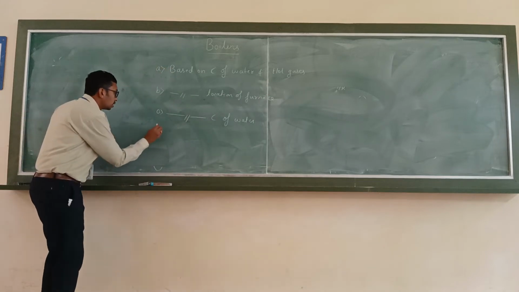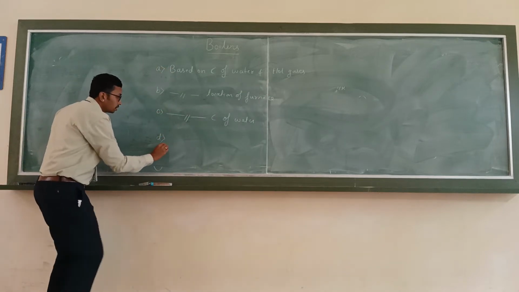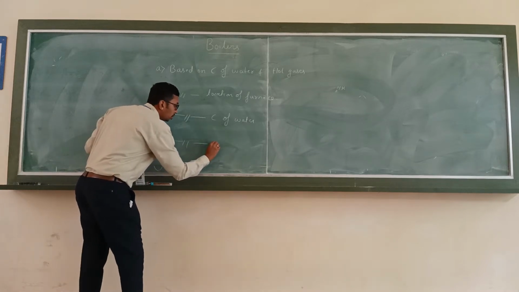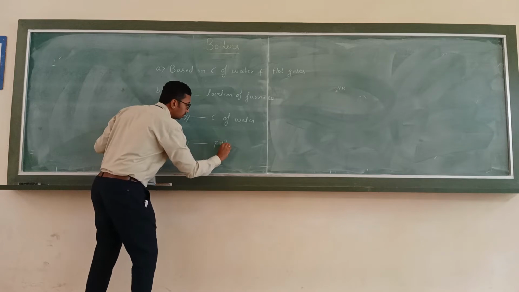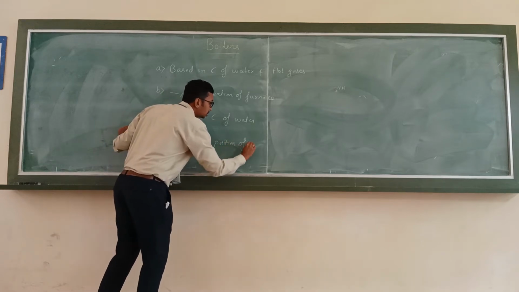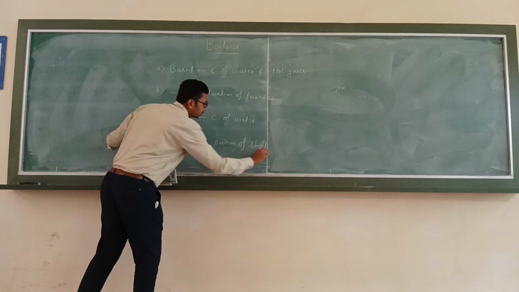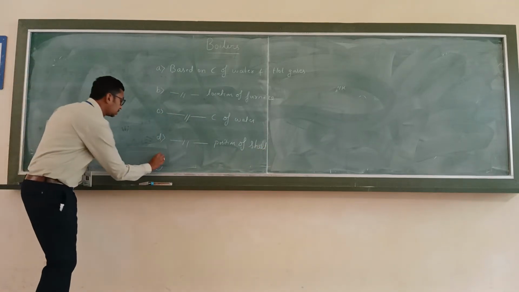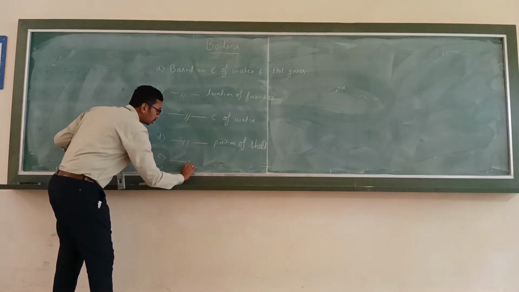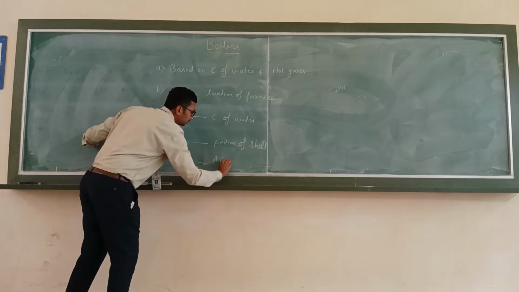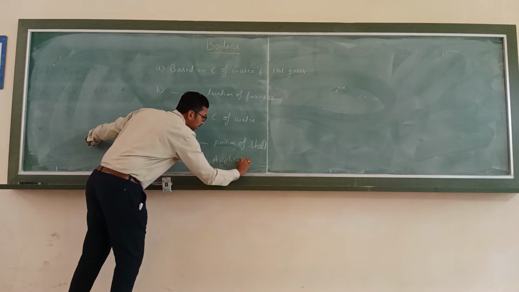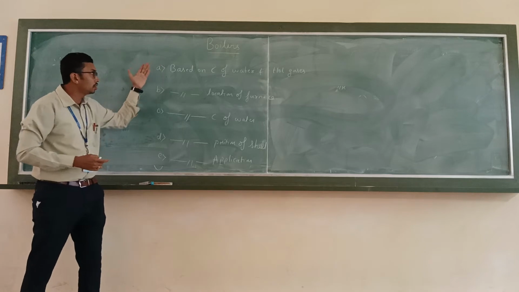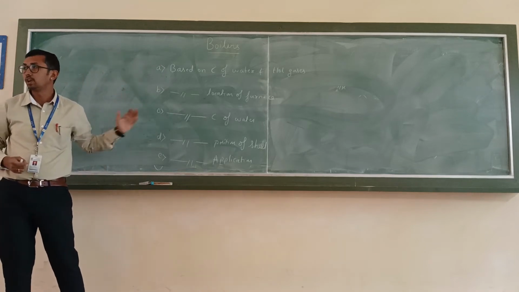Next, D, based on position of shell. Next, the last is based on application. So these are the major five classifications of boilers.